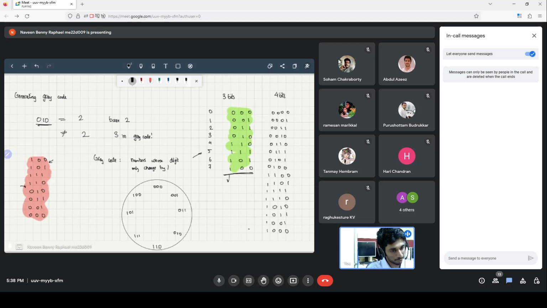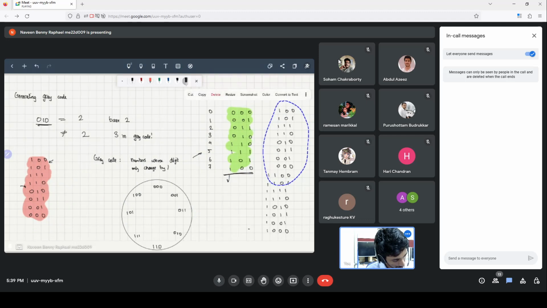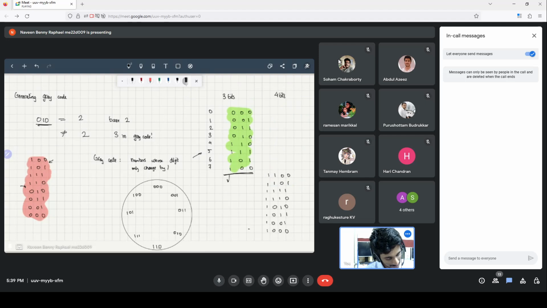So to generate the 4-bit gray code, you take the 3-bit gray code and then put zeros in the front.